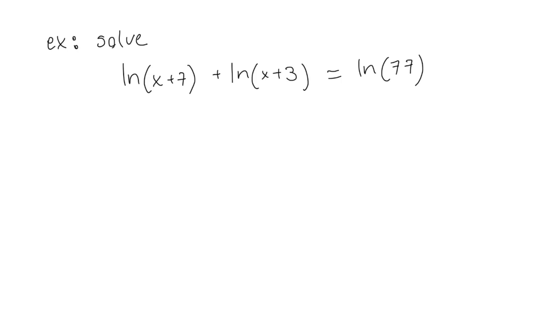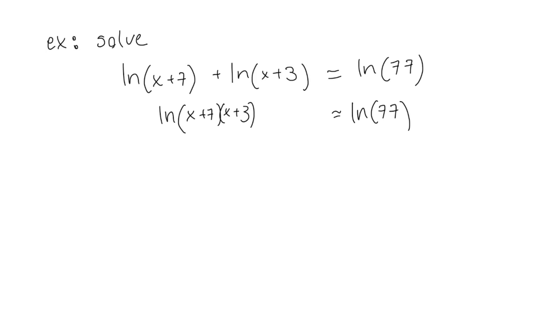And we can use the product law here. If we are adding two logarithms with the same base, we can multiply their arguments together. So this is going to be the same as ln of x plus 7 times x plus 3, and that's equal to ln of 77.